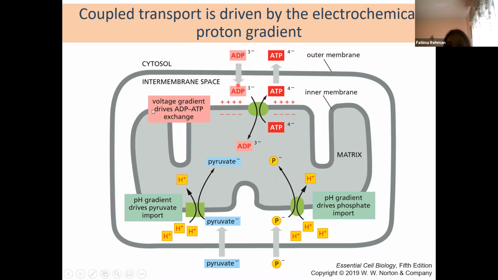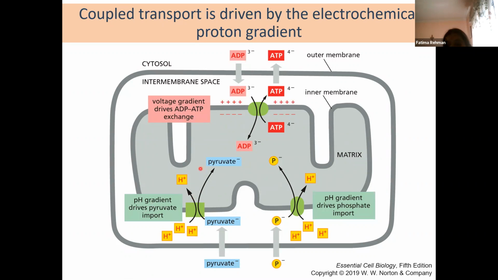If you were to look at your mitochondrial space, the actual receptors and transporters that are taking your pyruvates into the matrix are going to shuttle protons along with them, right? So it is a coupled transport that is driving this proton gradient and moving these protons into the matrix.